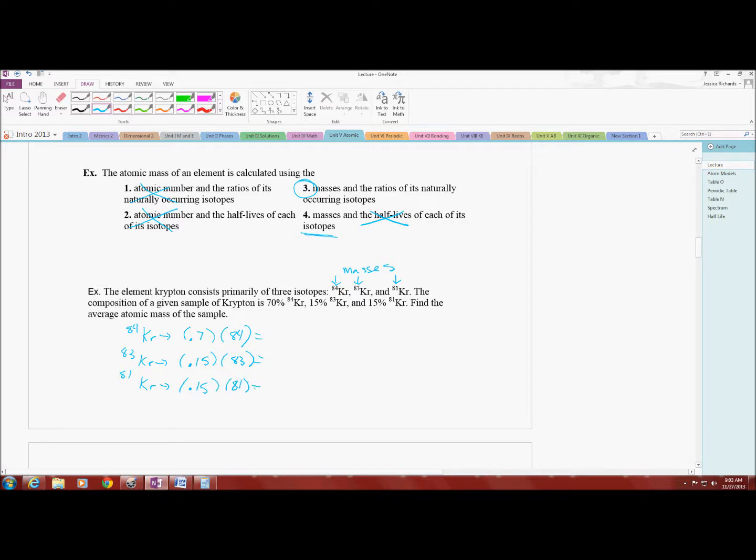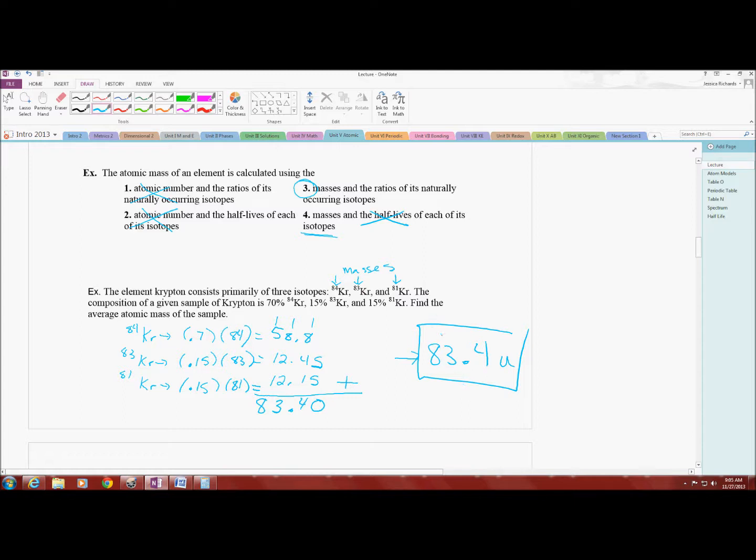So I need to multiply all of those things out. And then to finish it, of course, don't stop there. Make sure you finish it by adding them together. We're just going to round it to 83.4. Leave the one decimal. AMUs is the proper unit here, or just U they're using now. You can also use. And that's it. It's as simple as that.